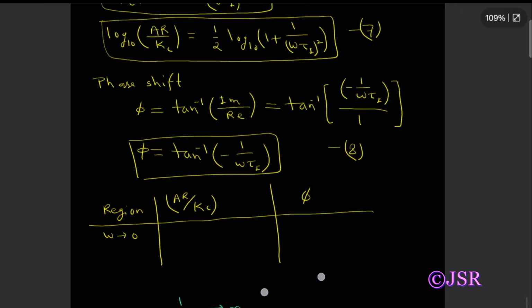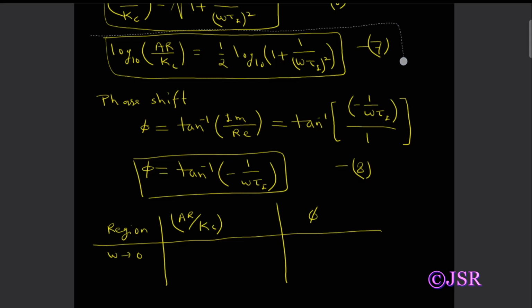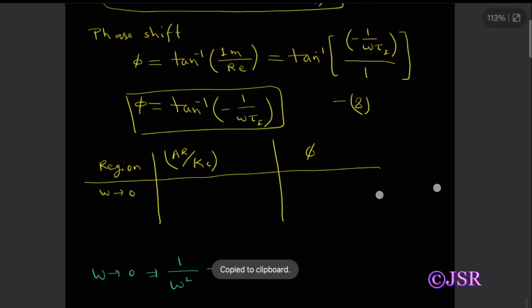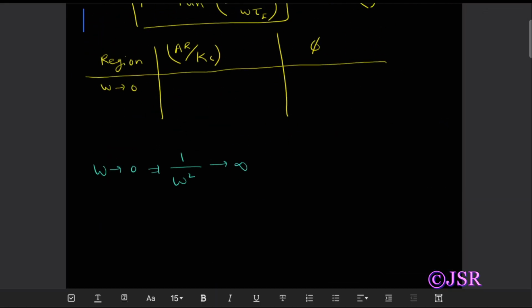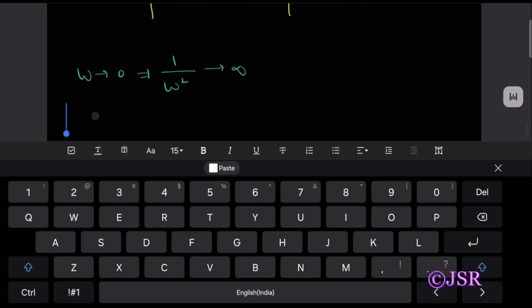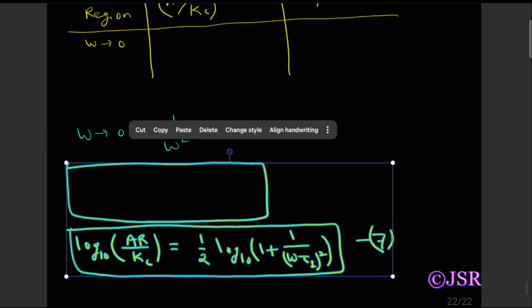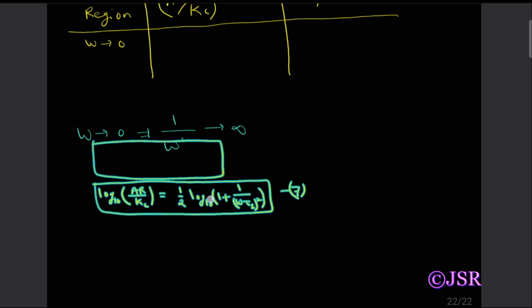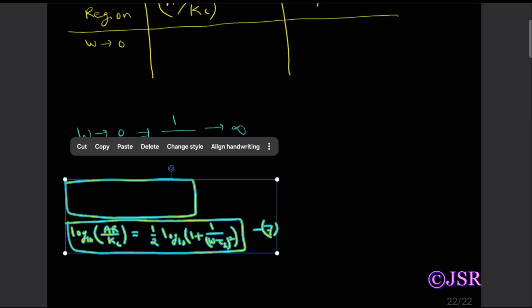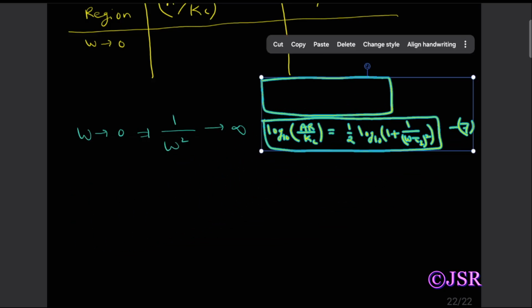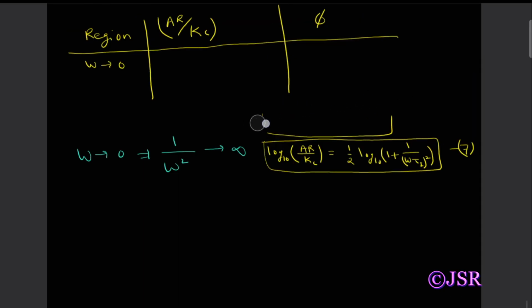So in that case, using equation number 7, this can be written as half, so we can take this outside.